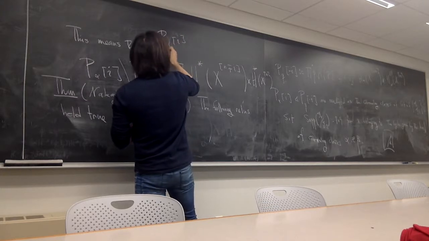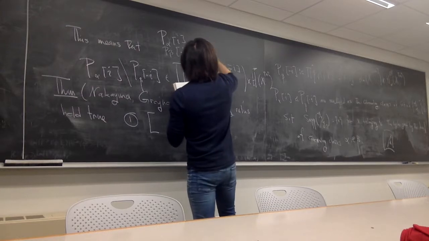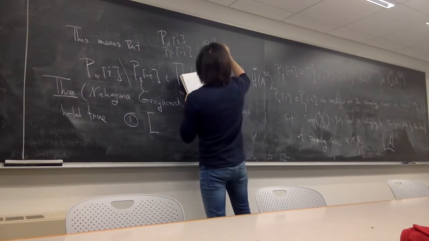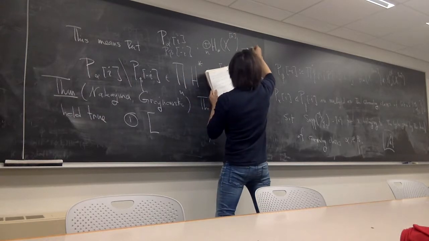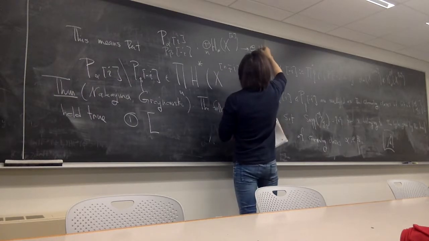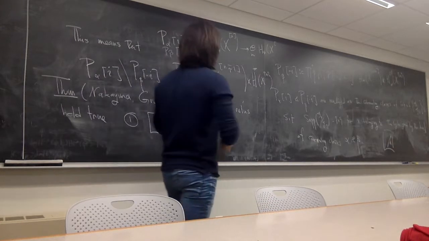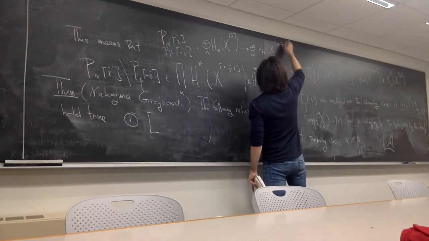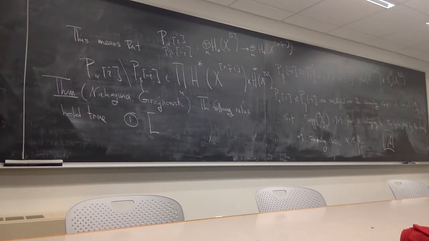I can think of, for instance, this or this as a map from the cohomology or homology theory of X^[n] to, depending on which one I put first, if this is plus I, then that will be minus I. So these are operators that take you from cohomology or homology theories of these Hilbert schemes of different numbers of points to each other.